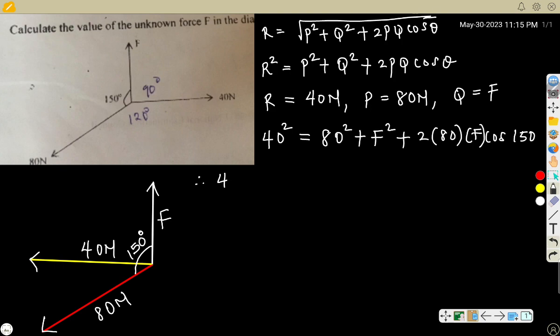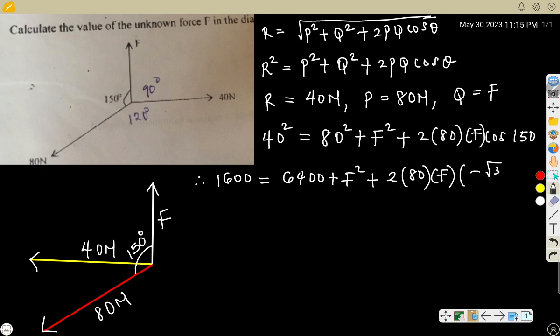So 40 square now is 1600, equals 6400 plus F square, 2 times 80 times F times cos 150, which is minus root 3 over 2, so that these two cancel out these two.